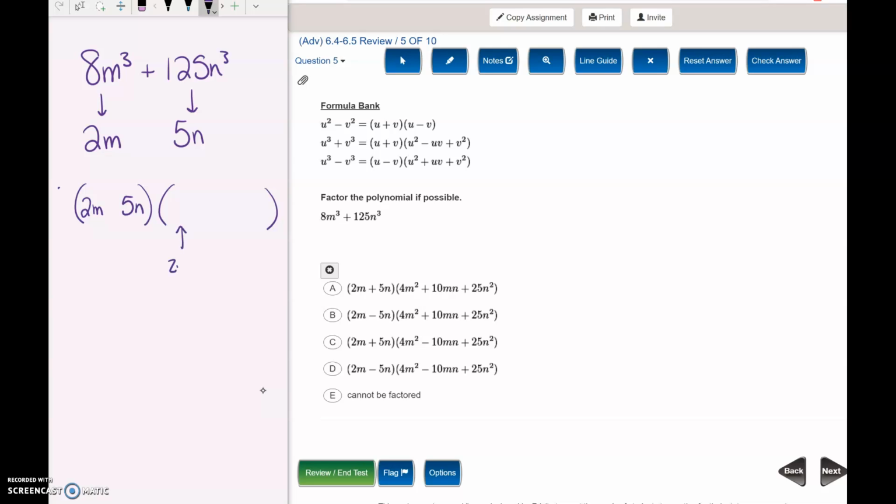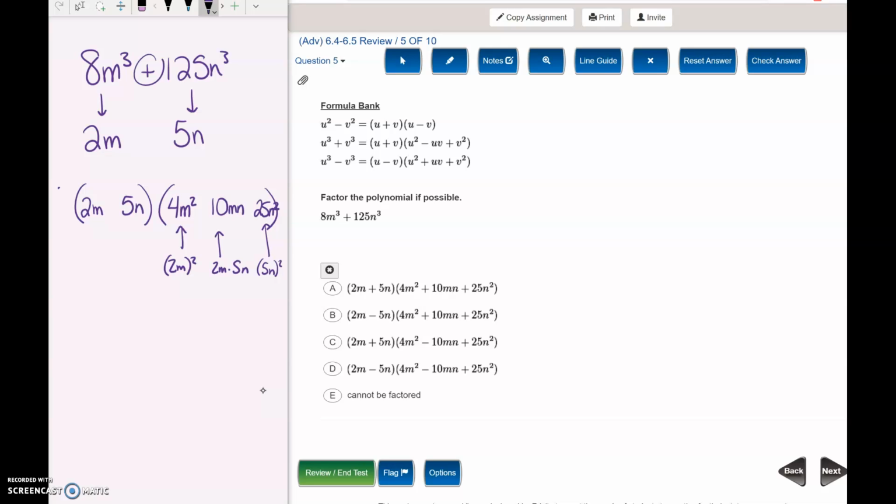This number needs to be 2m squared. That's 2m times 2m, which is 4m squared. The middle number needs to be 2m times 5n, so that's going to be 10mn. And the last number needs to be 5n squared, which would be 25n squared.